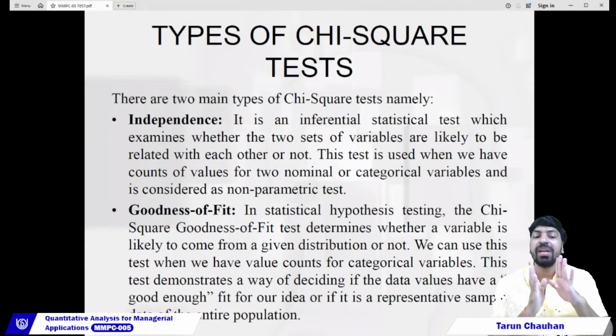When we talk about goodness of fit, which is another type of the chi-square test, in statistical hypothesis testing, this category mainly determines whether a variable is likely to come from a given distribution or not.